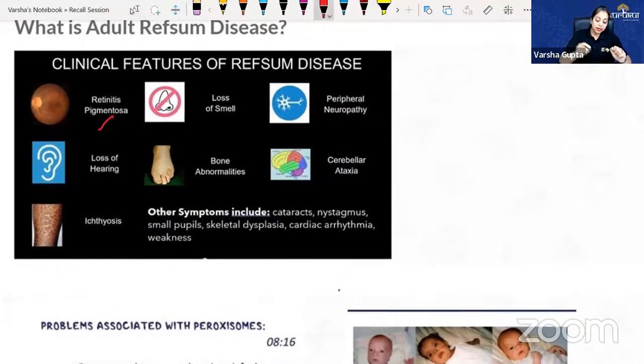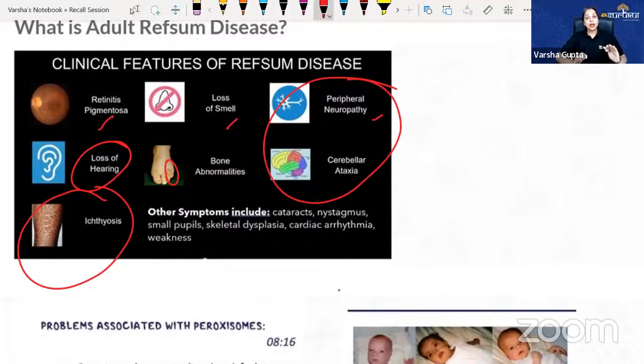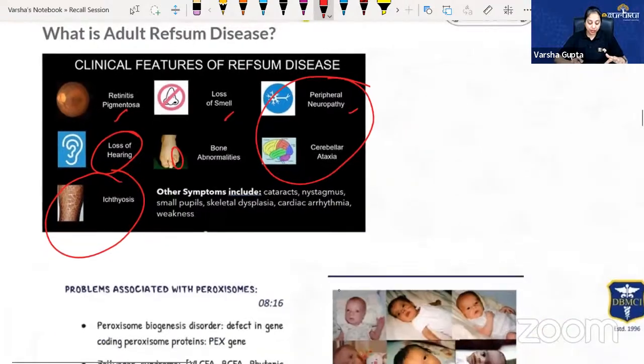Patient will be suffering from retinitis pigmentosa, loss of smell, bone abnormalities. Do you see this finger? This is the characteristic of the Refsum. Peripheral neuropathy, cerebellar ataxia, brain will be highly impacted, skin will be affected, and loss of hearing will be there. So eye, ear, skin, brain, everything is getting damaged because of the accumulation of the branched chain fatty acid in the peroxisomes, right? That is your Refsum disorder, right?